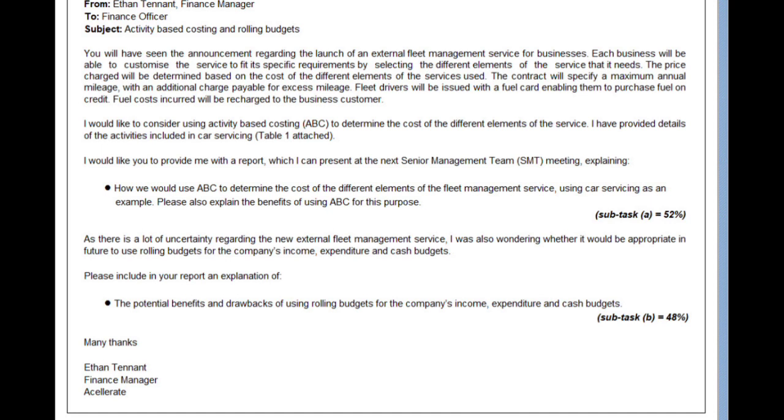And then the second part, you will need to explain the benefits. For the benefits, you will explain what the benefits of ABC are. That is straightforward, given in your study text, but you also need to relate it to the company. For example, if you say that it has good accuracy, then you need to explain why it has a good understanding, why it gives a better costing system.